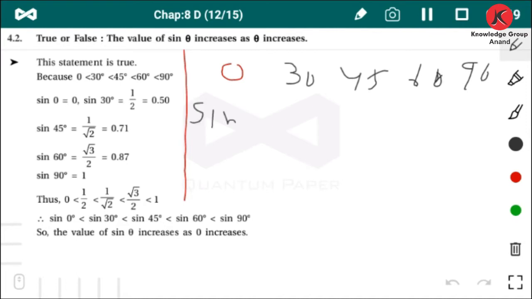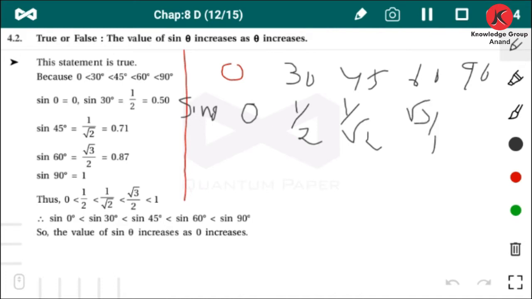Now sin theta: sin 0 is equal to 0, sin 30 is equal to 1/2, sin 45 is equal to 1 upon root 2, sin 60 is equal to root 3 by 2, and sin 90 is equal to 1.